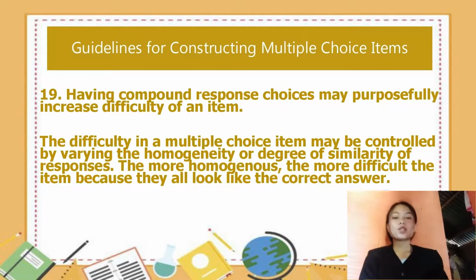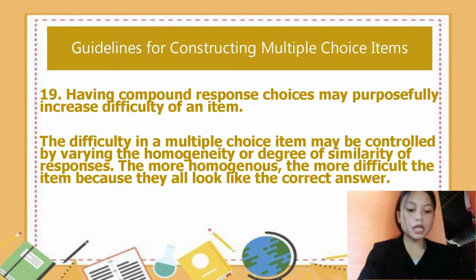And then lastly is number 19. Having compound response choices may purposefully increase difficulty of an item. So the difficulty in a multiple choice item may be controlled by varying the homogeneity or degree of similarity of responses. The more homogeneous, the more difficult the item because they all look like the correct answers.